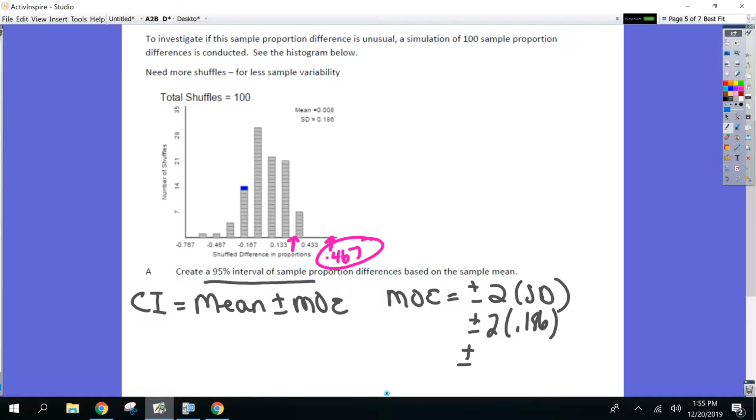Plus or minus 0.372. So now let's go back. Here's my confidence interval. Mean, 0.008. Add and subtract the margin of error, 0.372.